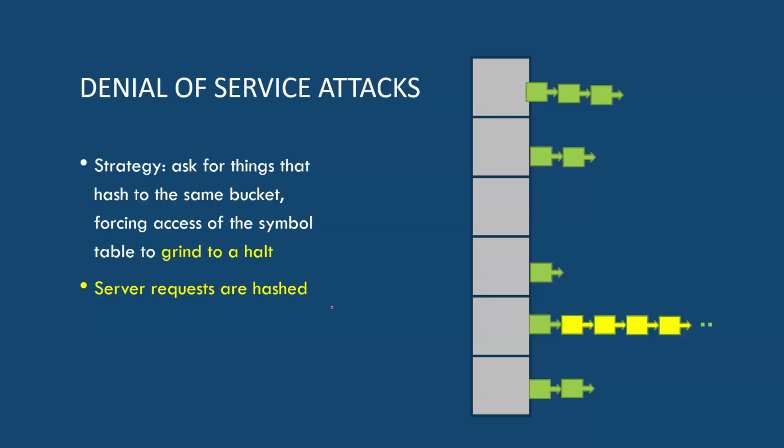This used to be a pretty common thing back in the early days when these servers weren't hardened. So one of the things we'd like to do is make these hashing functions hard to predict. We don't want somebody to be able to predict where something is going to go based on a minor change to a key. Reverse engineering these hashing functions would be a bad thing in general for these kinds of situations.